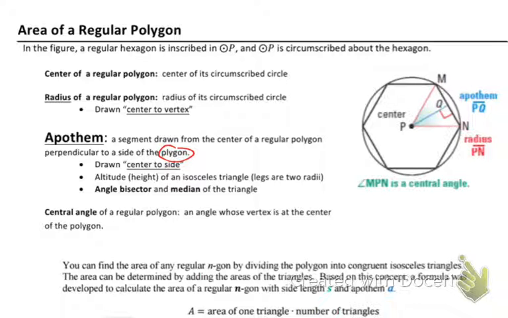Note also, this is the altitude of this triangle. It forms a right triangle, so it is the height of this triangle. That's why it's the altitude of that isosceles triangle. It's also the angle bisector, so it bisects this angle in half. It also bisects this segment in half. So if this is 16, this is 8, and this is 8 as well.